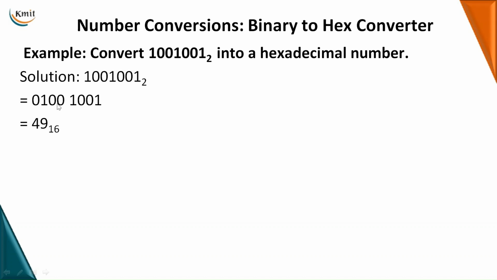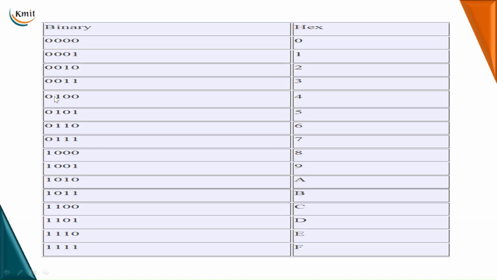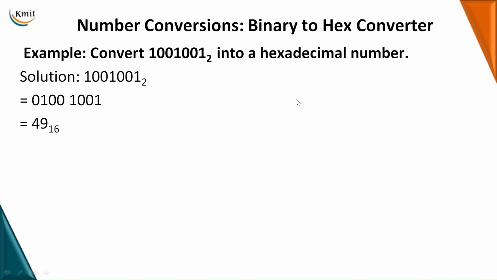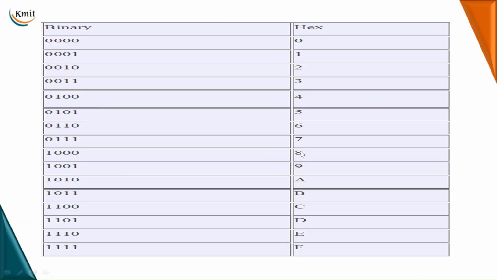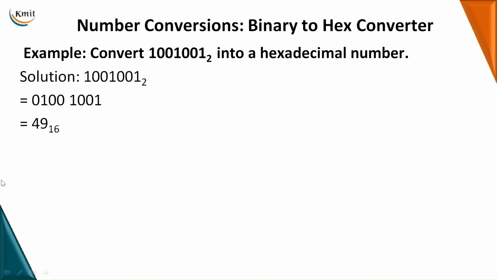So 0100. What is the equivalent of 0100? If you look at this table, it is 4. Similarly, 1001. What is the hexadecimal equivalent? 9. So it is 49 to the base 16. This is how we convert a binary number to a hexadecimal equivalent.